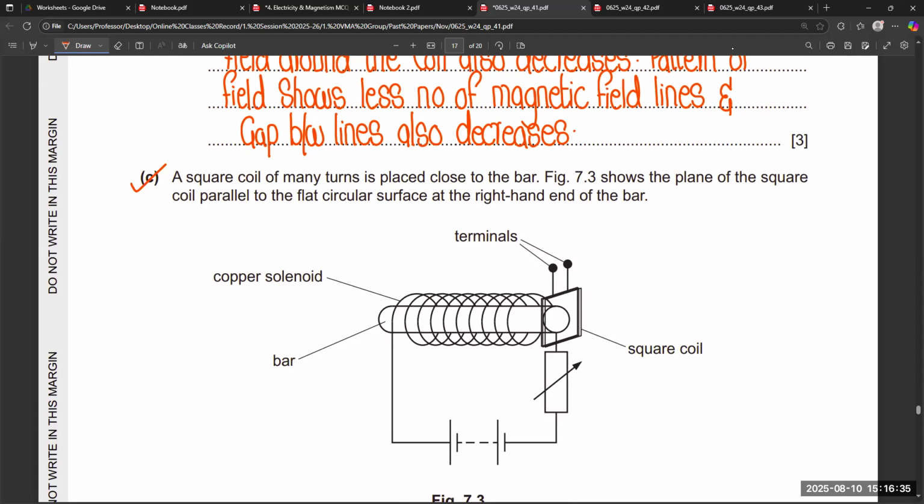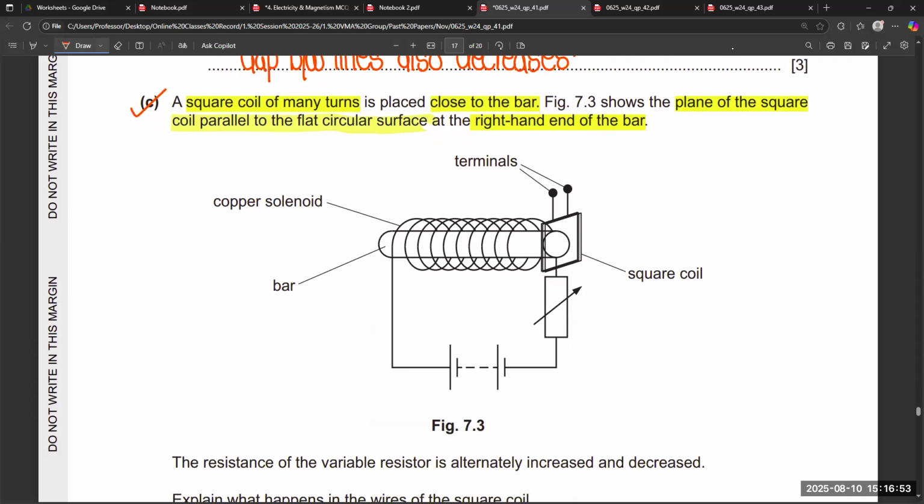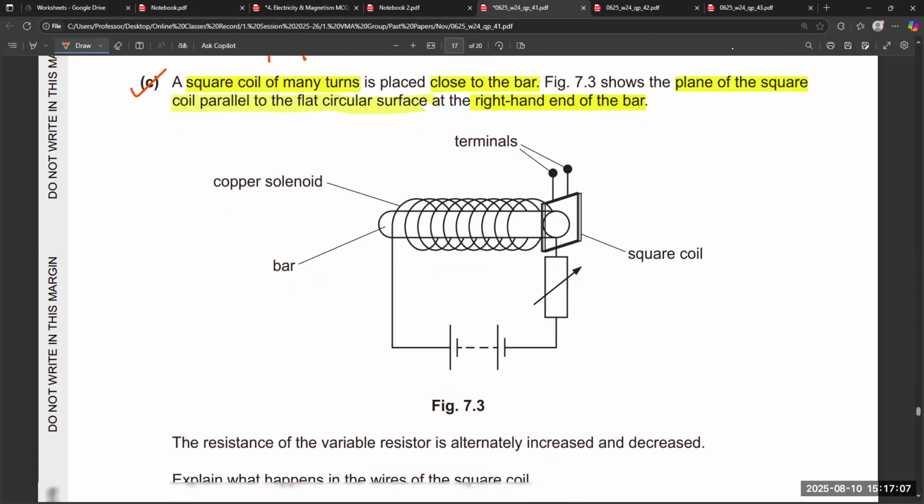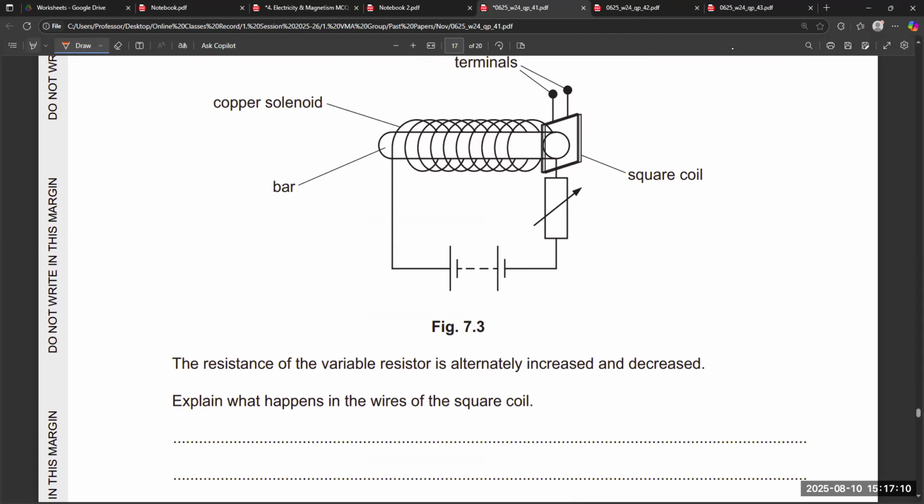Now in part C of the question, a square coil of many turns is placed closer to the bar. It shows the plane of the square coil parallel to the flat circular surface at the right hand end of the bar. So now in this diagram, we have a bar and a copper solenoid, the same setup shown in the first figure, but there is now one square coil on the right hand side of this bar. And the question is, the resistance of the variable resistor is alternately increased and decreased.